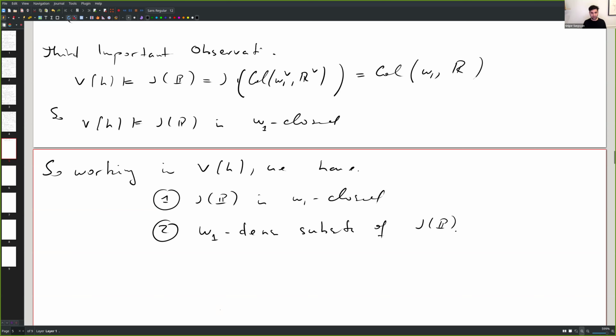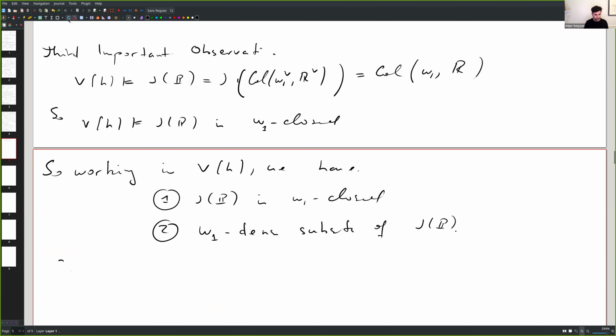So if you take P to be an arbitrary omega closed poset, then you have to work a little bit harder. But for this particular P, it is actually omega 1 closed in V^H. And so we have J_P is omega 1 closed, omega 1 subset.